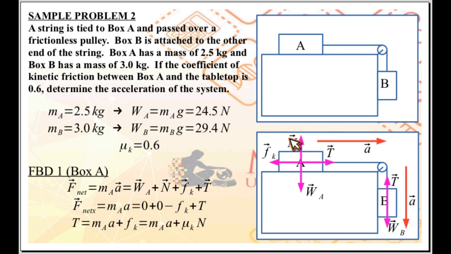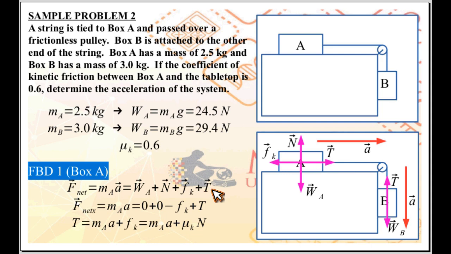Starting with the free body diagram on box A, free body diagram 1, we set F net to MA. So you have F net is equal to M_A A. F net is the summation of the forces acting on the object. So you have weight A plus normal force N plus kinetic friction F sub K plus tension T.